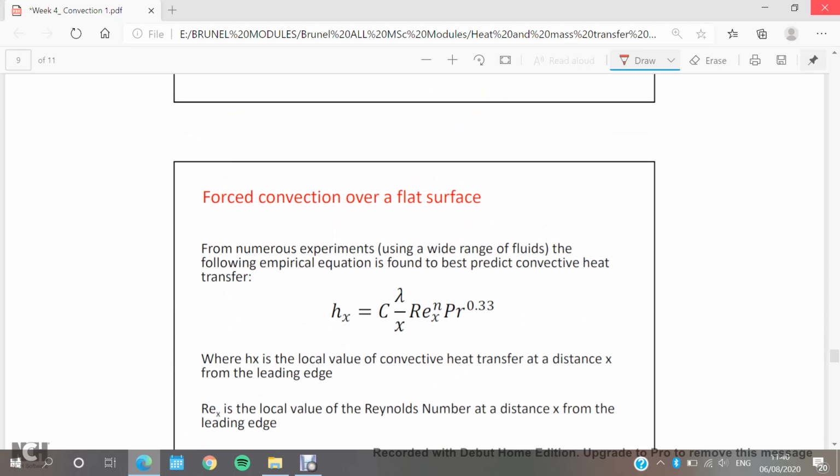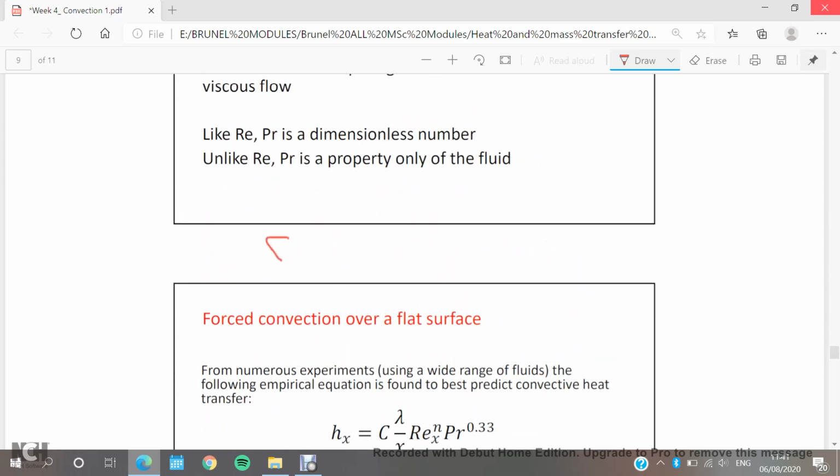Now, from different experiments, like in real life, we want to find, as we said before, that Q, which is the heat transfer rate by convection, is equal to h, which is the heat transfer coefficient, times delta T, and we can put A here.